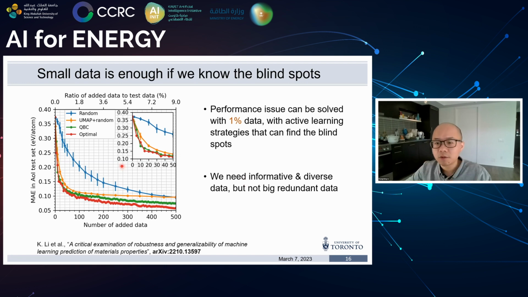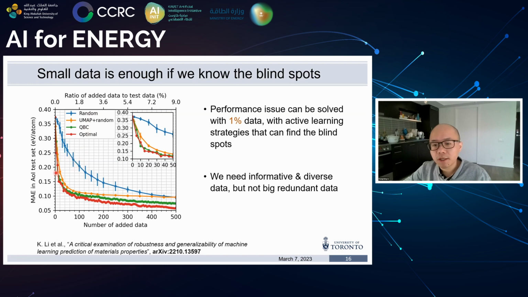So in this figure, we show the prediction error on the test data as a function of the number of newly added training data. And the top of the X indicates the proportion of the added data with respect to the whole test data.